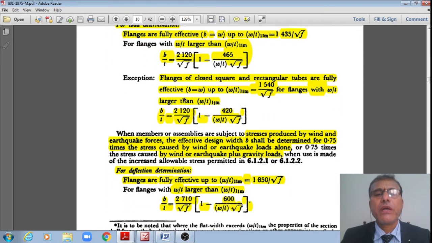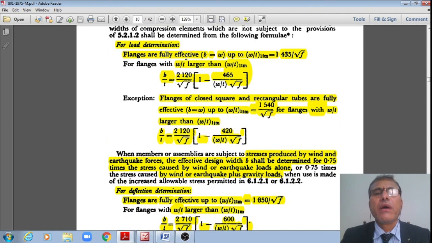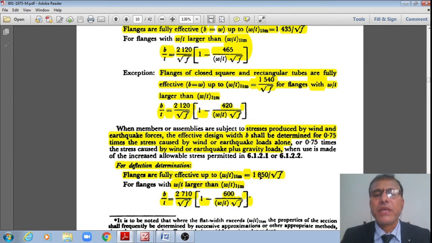Previously we saw for the load determination it was 1435, whereas for the deflection it is 1850. Please make a note, student, right?